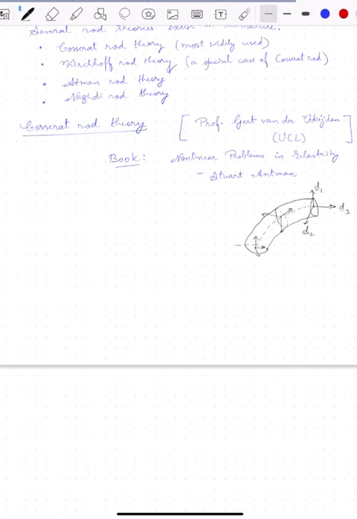So this is, say, s is equal to 0, and we are following the arc length coordinate as we have learned in differential geometry. So there's some location s, and this starts from s equal to 0. And this dashed line here is the center line.